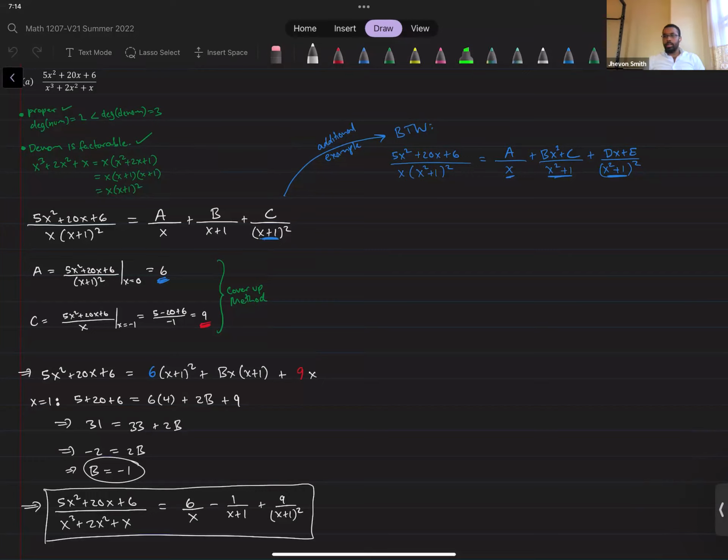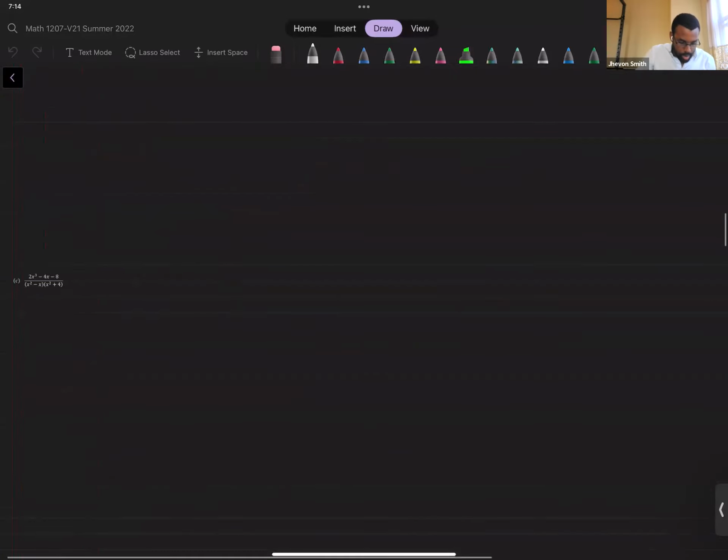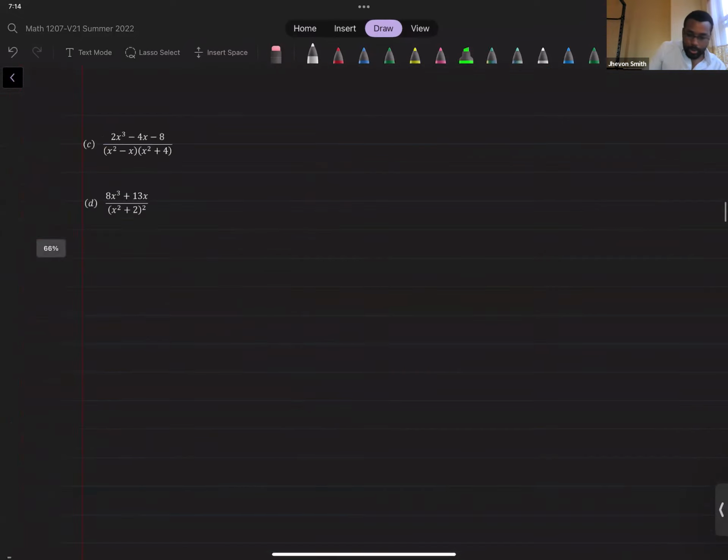So one thing, because I do want you guys to actually look at some stuff, I think I will jump into the integration and maybe leave these two for you guys to try, and then you can tell me what you think the answer is.